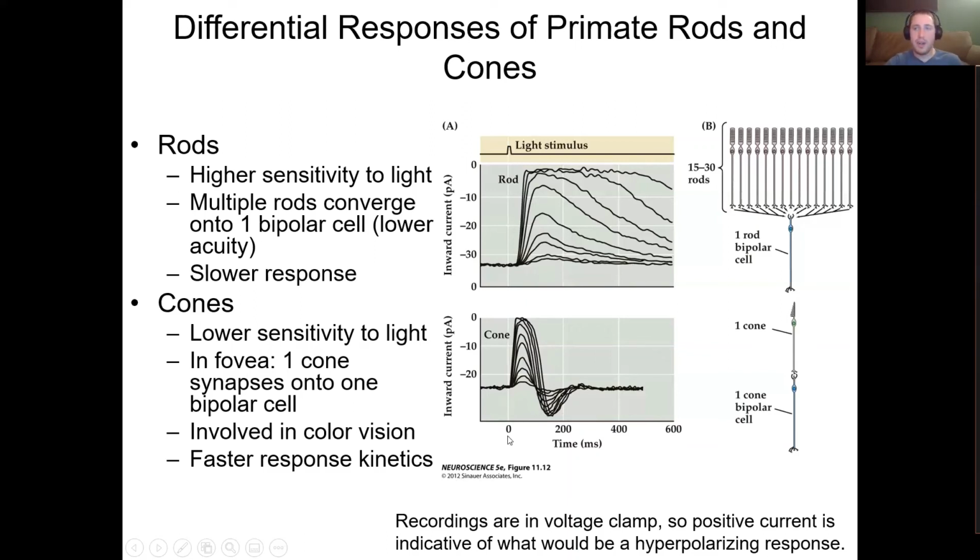And finally, we already touched on cones are involved in color vision because they have those three different kinds of opsins which they can compare. Rods only have one opsin, the rhodopsin, so it really can't tell color. It can't compare amongst different wavelengths. And that's why when it's really dark and only your rods are active, you are colorblind. If you're walking around at night, you can't tell what the color of things are.